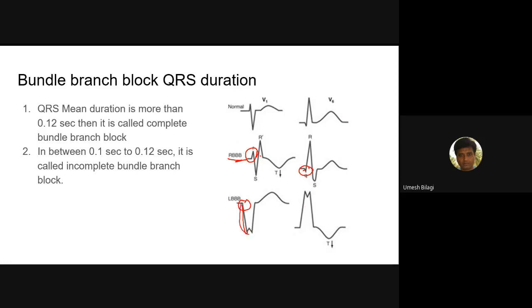Directly a QS pattern. Actually, it will be a QS pattern, that is a merging of Q wave and S wave. One big negative deflection will be there. The septal R wave is absent here and the Q wave is also absent here. In LBBB, the septal R wave of V1 and the Q wave of V6 are absent.